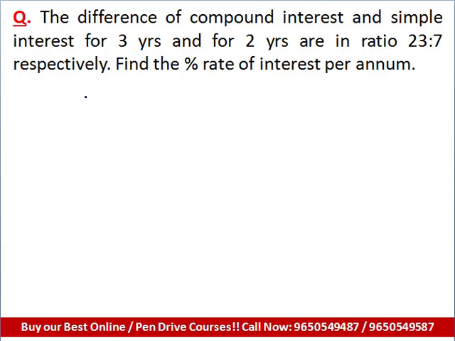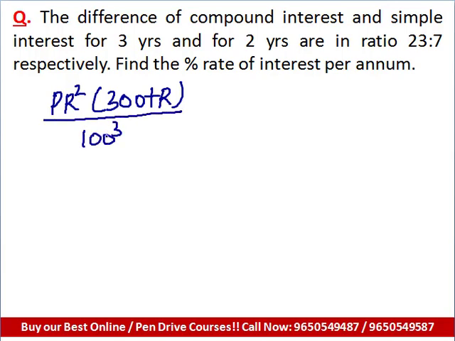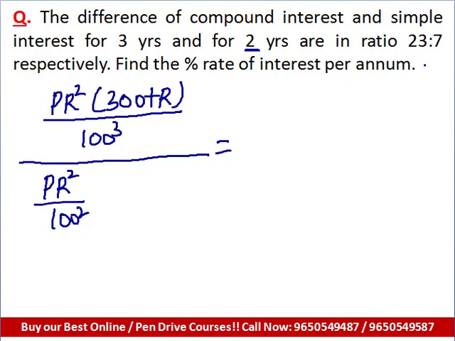So let's look at the difference for 3 years. I told you the difference for 3 years is PR square into 300 plus R, divided by 100 cube. And it is getting divided by the difference for 2 years, which is PR square divided by 100 square, and it is equal to 23/7. We have been given the ratio 23/7.